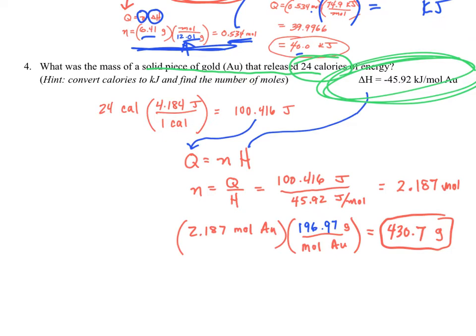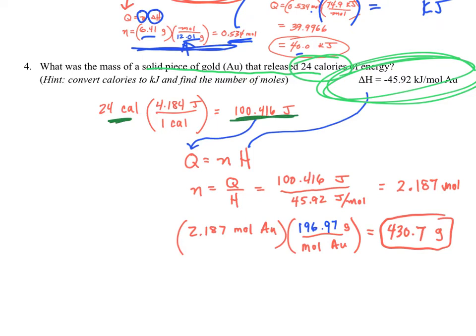Since the delta H is given in kilojoules, we're going to want to convert our calories into joules. So first we'll take 24 calories and multiply it times 4.184 joules per calorie, and we'll get this converted into joules.